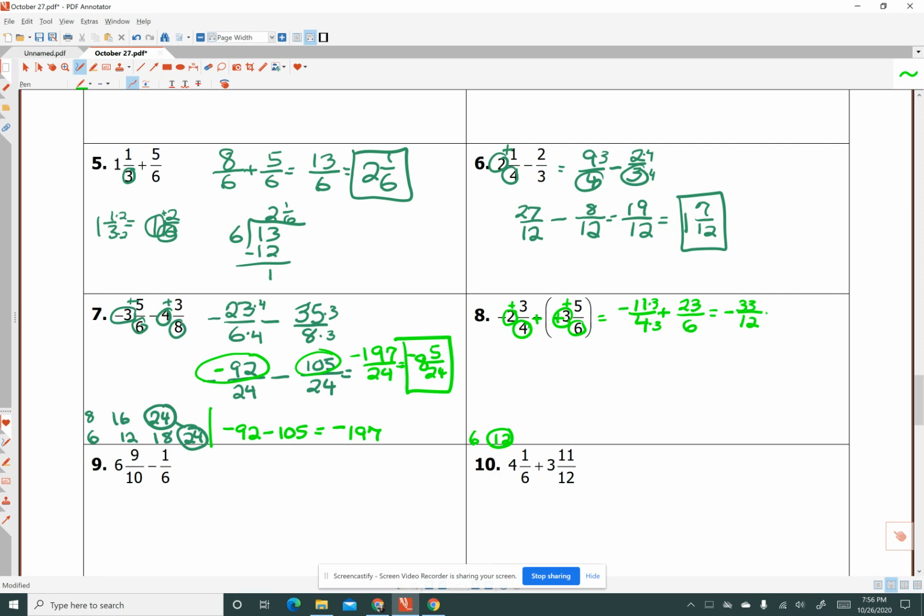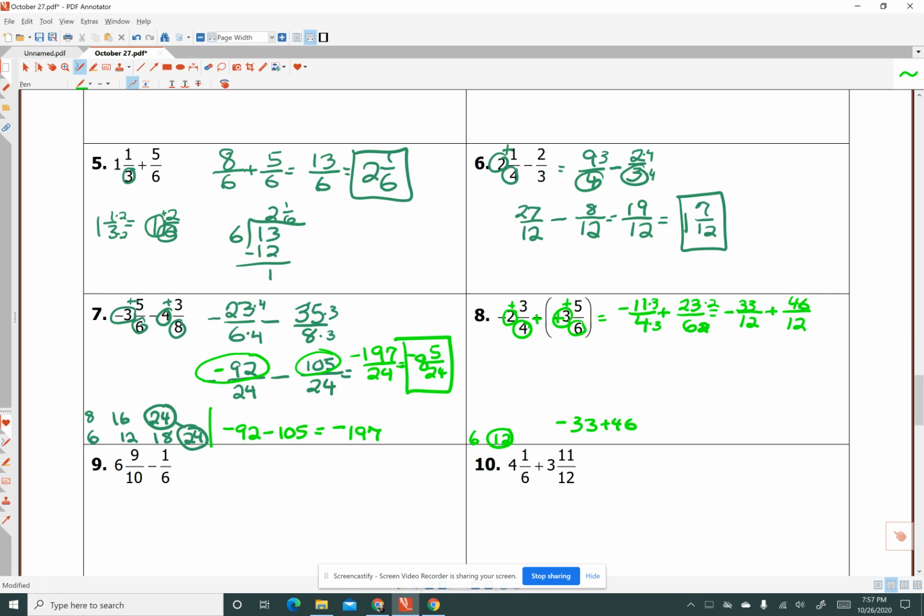Negative 33 twelfths plus 6 times 2 is 12. 23 times 2 is 46. Now remember, we're combining negative 33 plus 46.